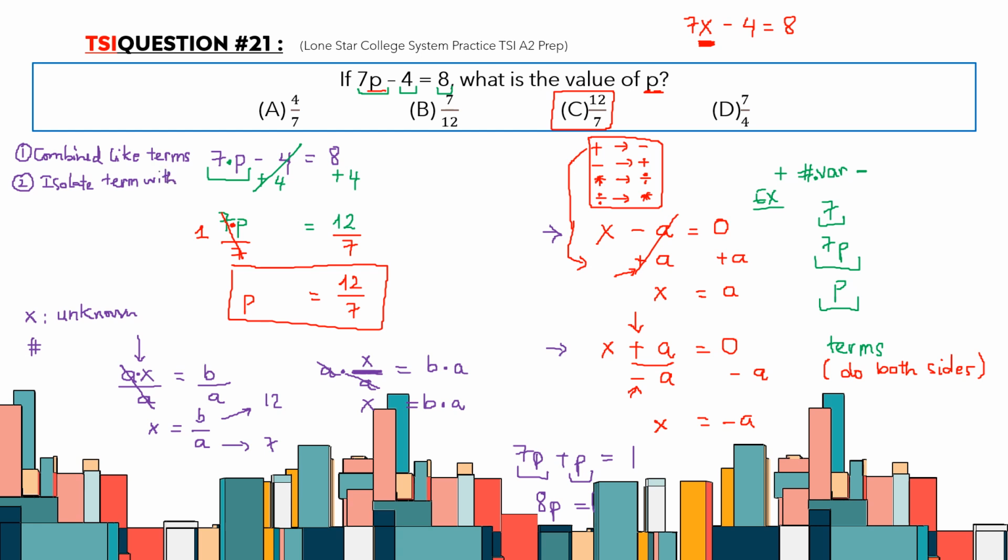It means the terms that include the variable. In this case it is p, okay?